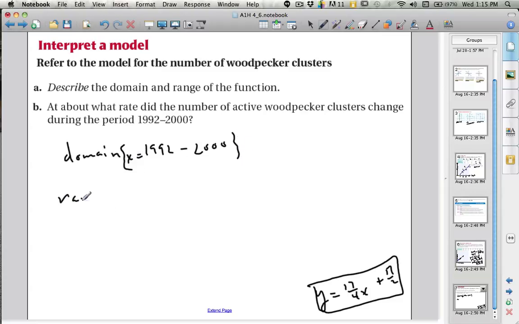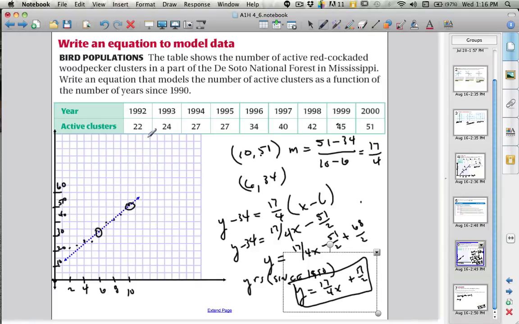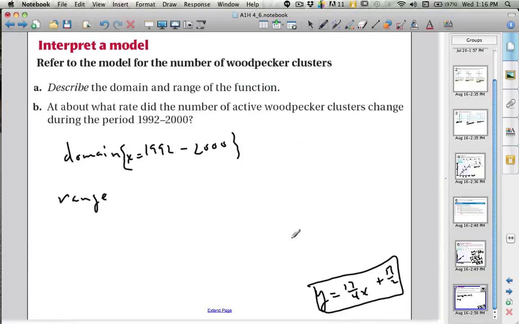And for my range, my values went between 22 and 51. Actually, the best way for me to write this would be as a compound inequality. So x is greater than or equal to 1992 and less than or equal to 2000.